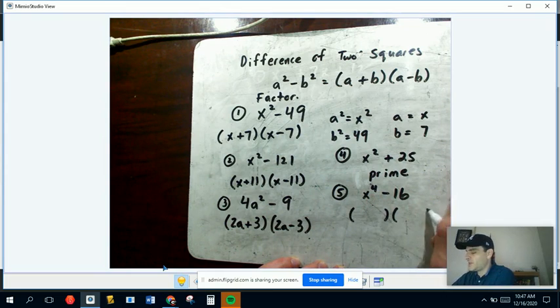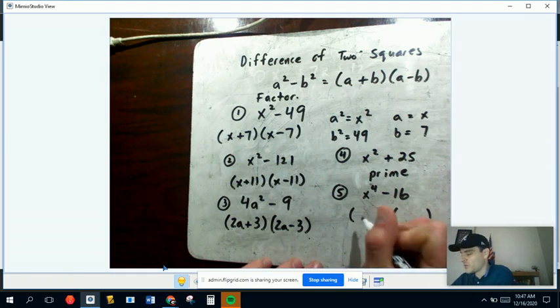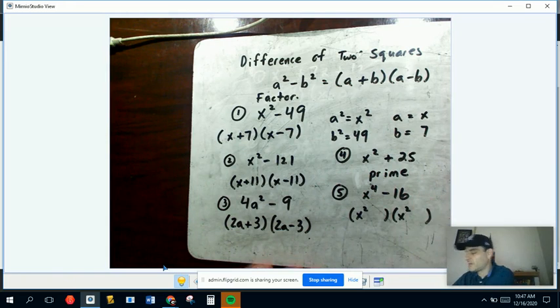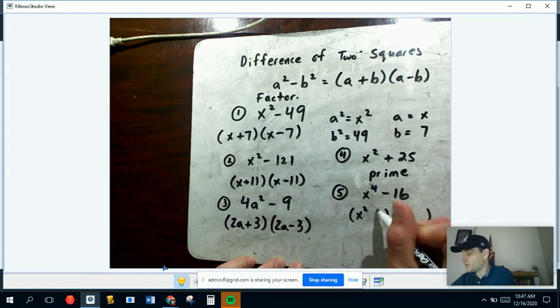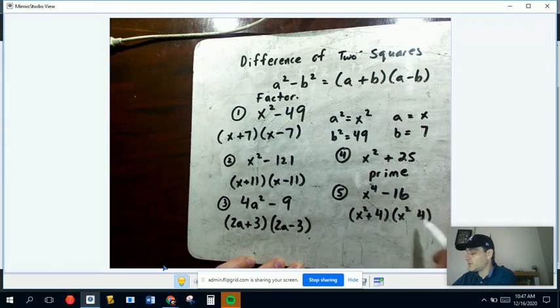But it's a bit of a challenge here. What times itself makes x to the 4th? You have to know your exponent rules a little bit, but that would be x squared. x squared times x squared is x to the 4th. And of course, there's a separate video for exponent rules. What times itself makes 16? Well, that would be 4. It's pretty easy. Make one a plus, one a minus.